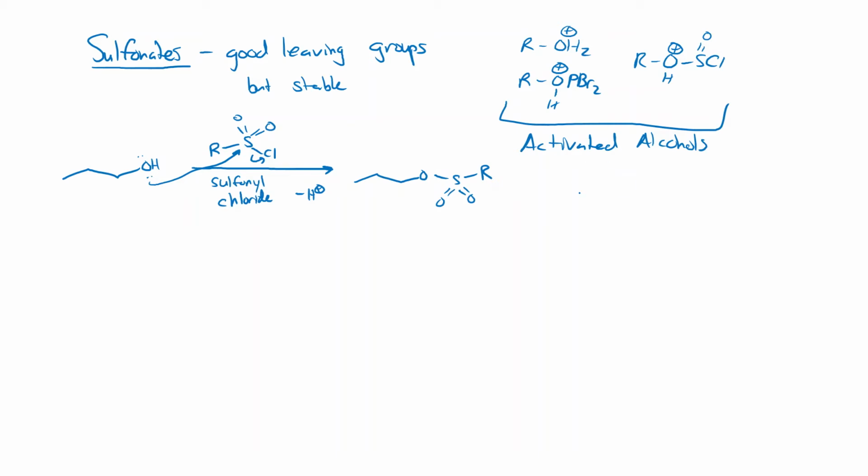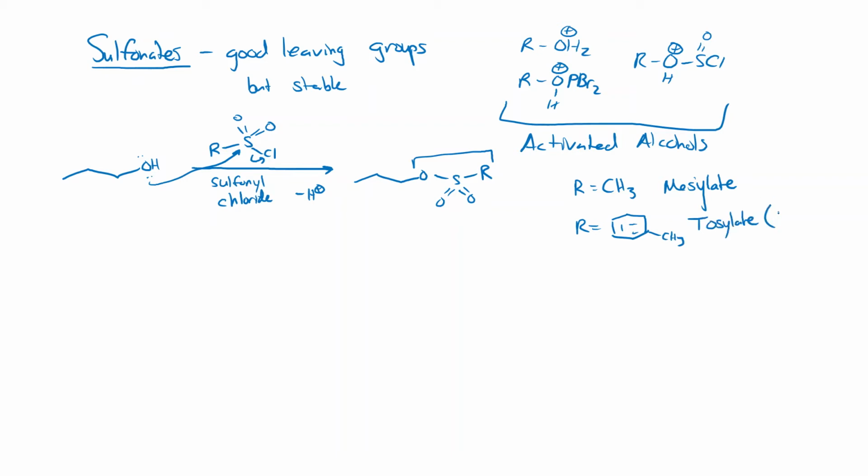Now, depending on what the R group is, if your R group is a CH3, then this whole thing is called a mesylate. If your R group is a benzene ring with a methyl group on it, then this is called a tosylate.